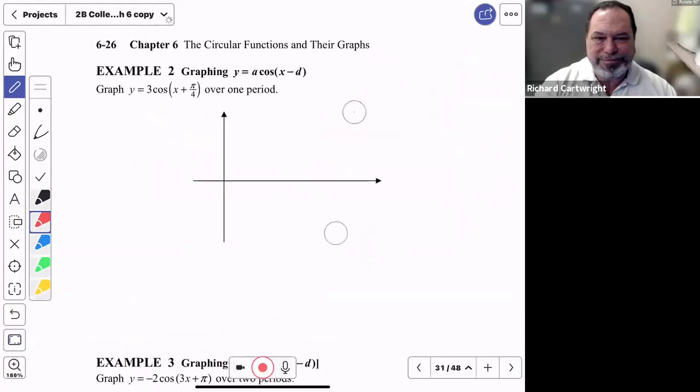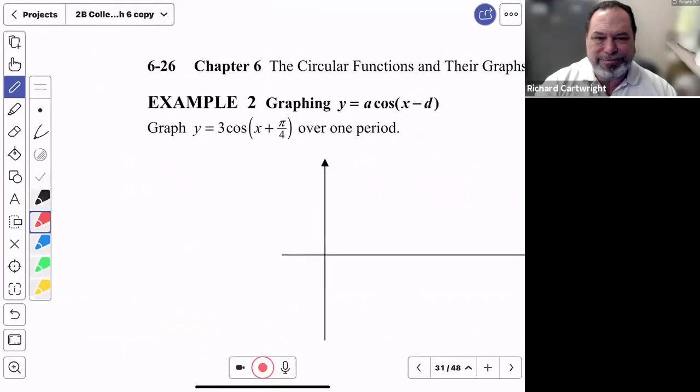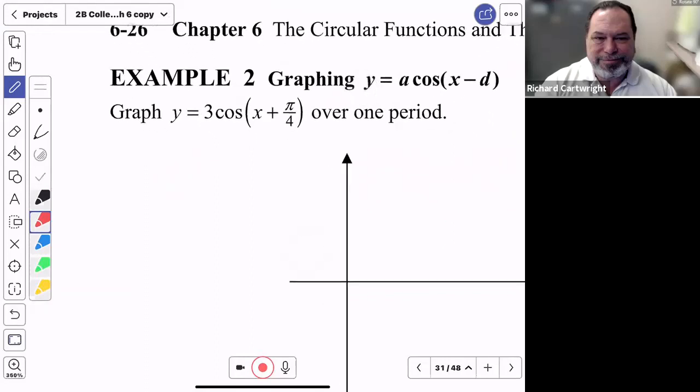Let's do another problem. I don't like the lettering he uses because I like to do this. I like to call this my A. The number in front of the X is my B. But then I like to call the number in here C, but he calls it D, and I don't know why.